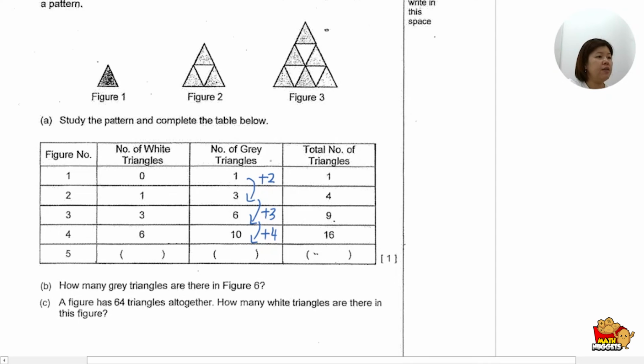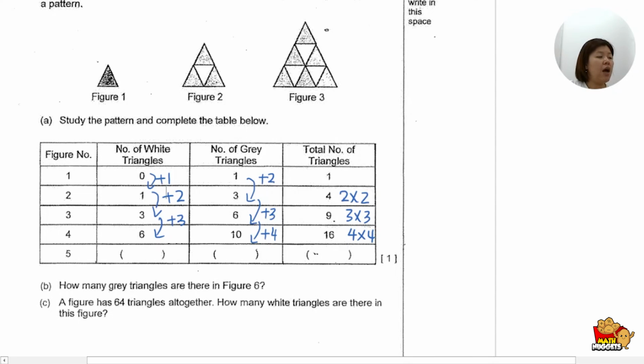And then my number of triangles is actually 2 times 2, 3 times 3, 4 times 4. And my white triangle is +2, +3. This is +1.